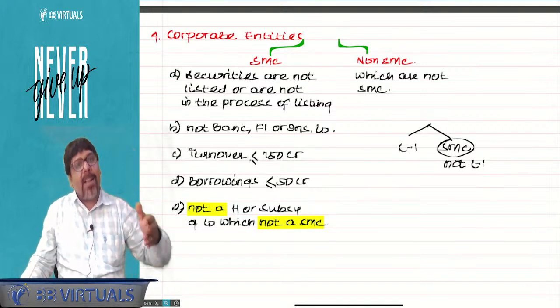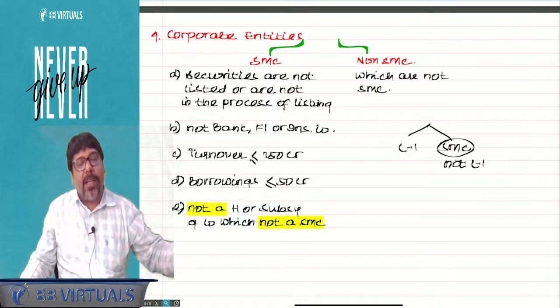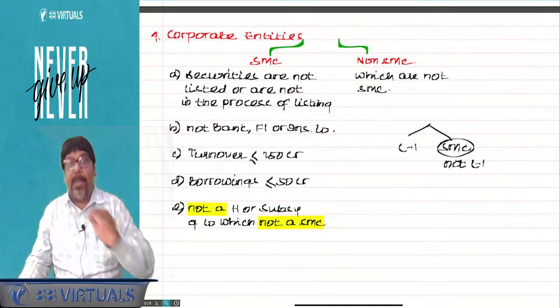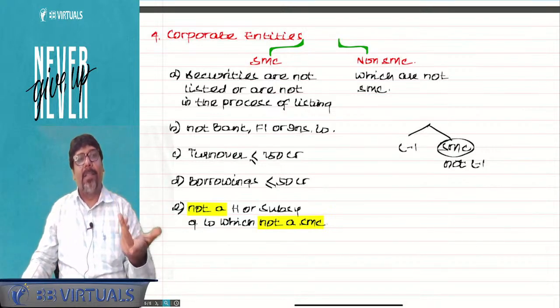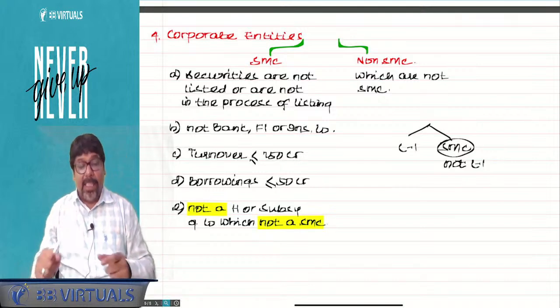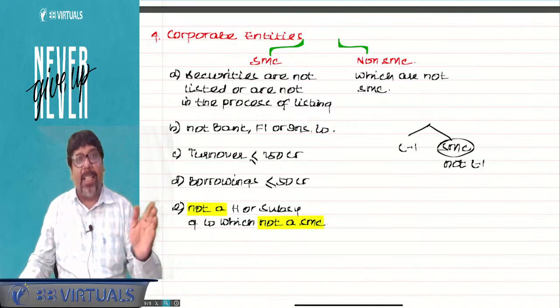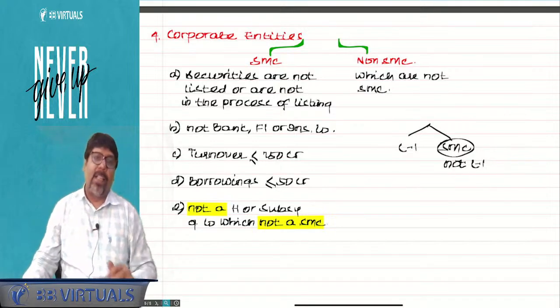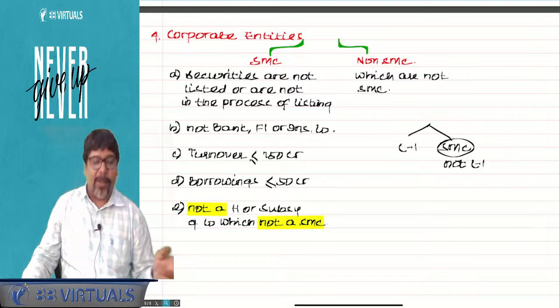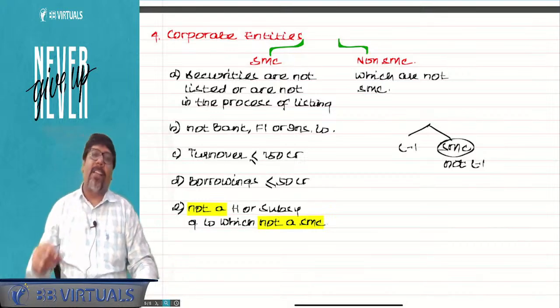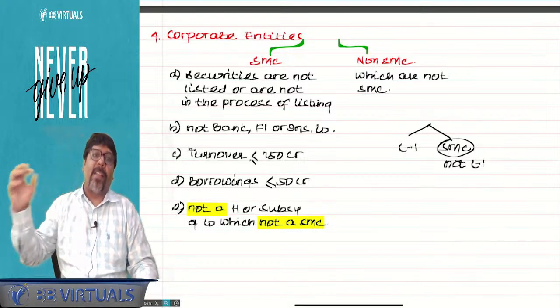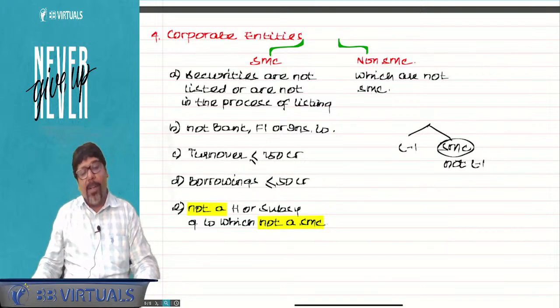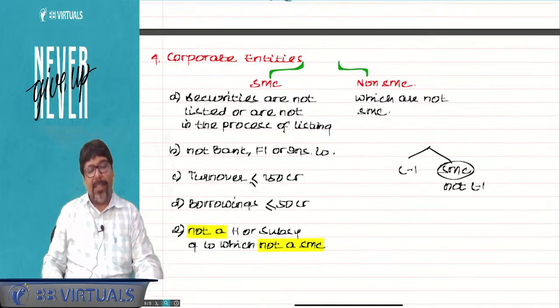Level 1 has bank, financial institution or insurance company; SNC has not a bank, because if it is a bank, it is level 1. Then turnover should be less than 250, whereas level 1 has turnover more than 250. Borrowing should be less than 50 crore. So basically SNC covers level 2, level 3, level 4. It is the reverse of level 1.